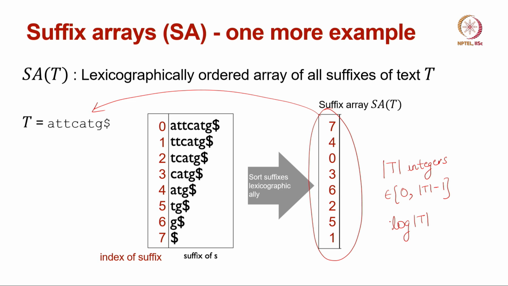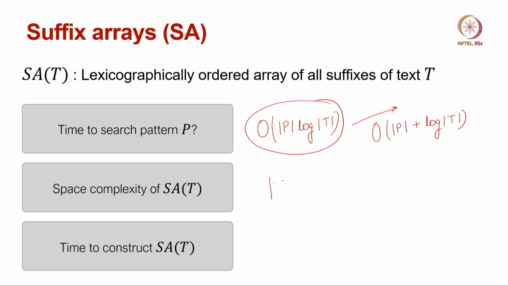Therefore, if I want to store the entire suffix array, I need T log T bits. So, that is good. We have quantified the amount of space that we need to store suffix array.